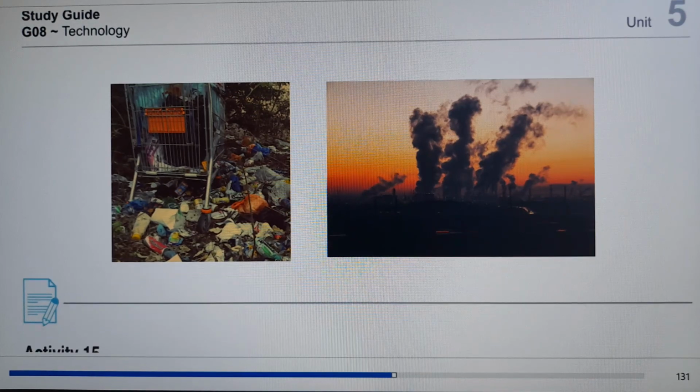So in the next page, page 131, you see pollution caused by the material that we use, either plastic or cardboard or whatnot, and also the air pollution from our production when we are busy improving our technology. Okay, so these are the disadvantages of technology.